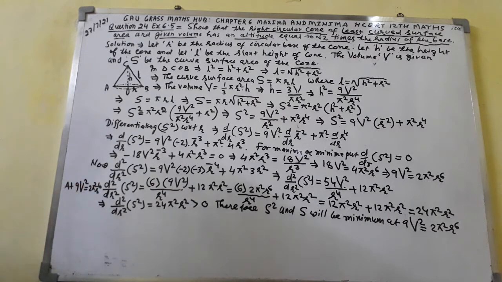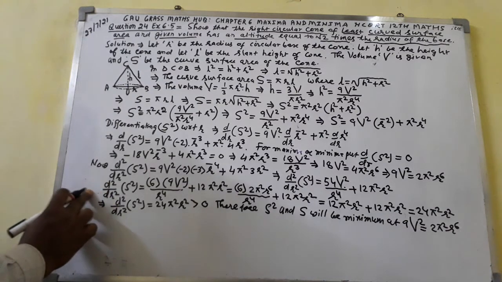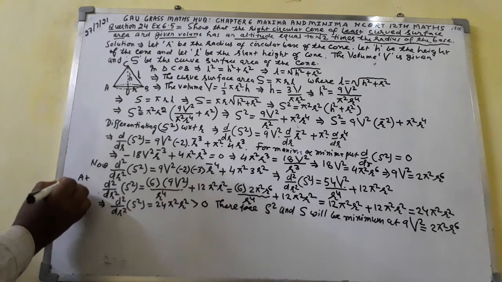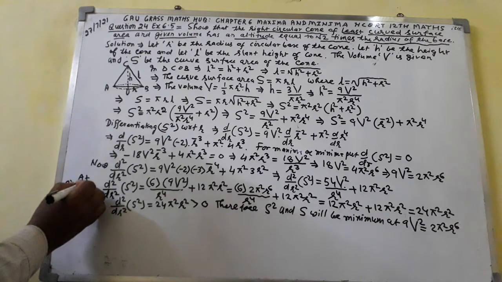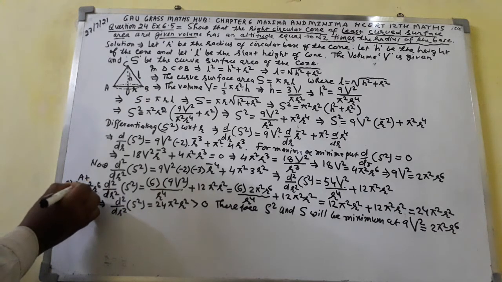So you shall find out, write like this, at 9v square equal to 2 pi square r raised to the power 6.